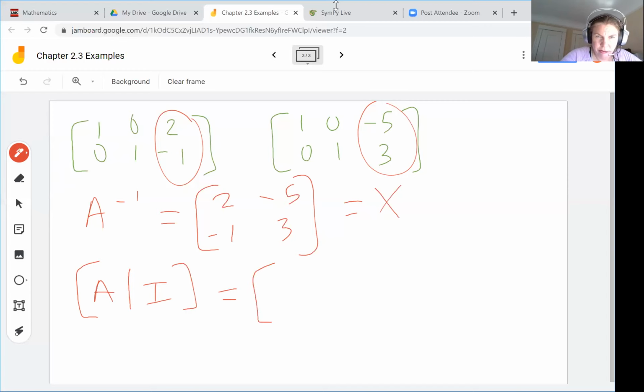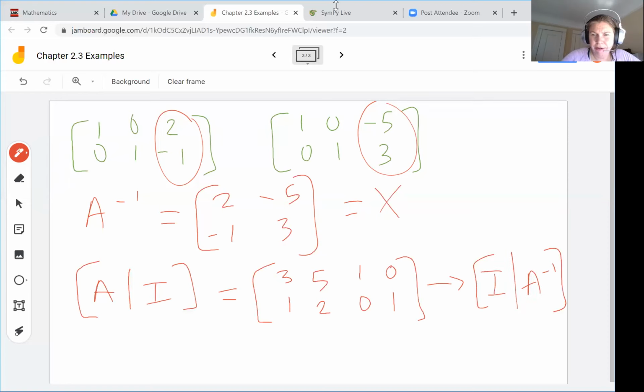So this is matrix A with 3, 1, 5, 2 by the columns. And then we augment it with the identity matrix. And then we can put this into reduced row echelon form. And the result is going to be in the form of identity multiplied by A inverse. So let me show you how that would work out in Sympy. So let's head over there.